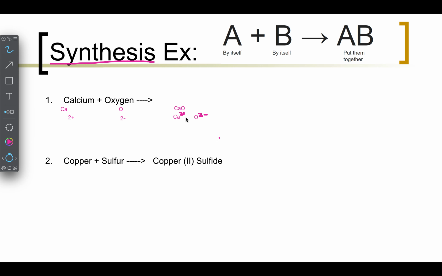So luckily, these things are totally balanced, right? We crisscross, just like with our naming, right? So we crisscross our charges. And we get calcium 2, oxygen 2, right? So that's step 4. We've balanced our charges, right? We wrote in our charges that we found from over here, and then we crisscross them for our final product.